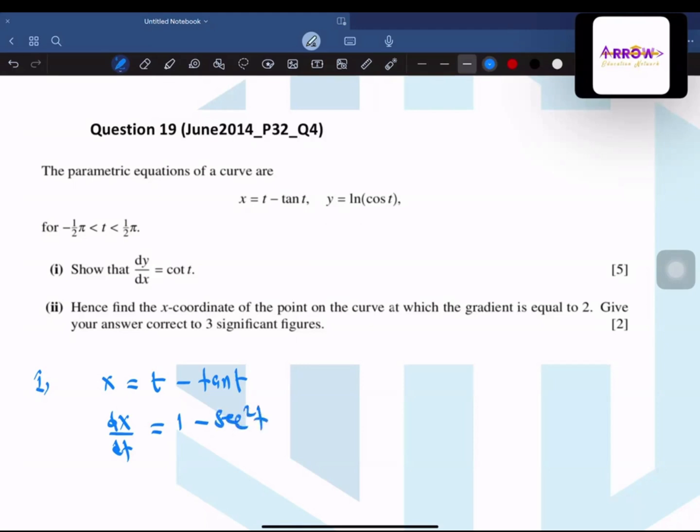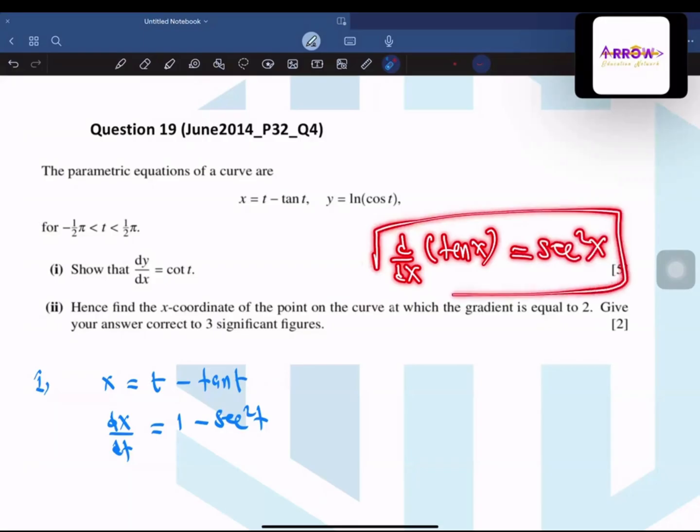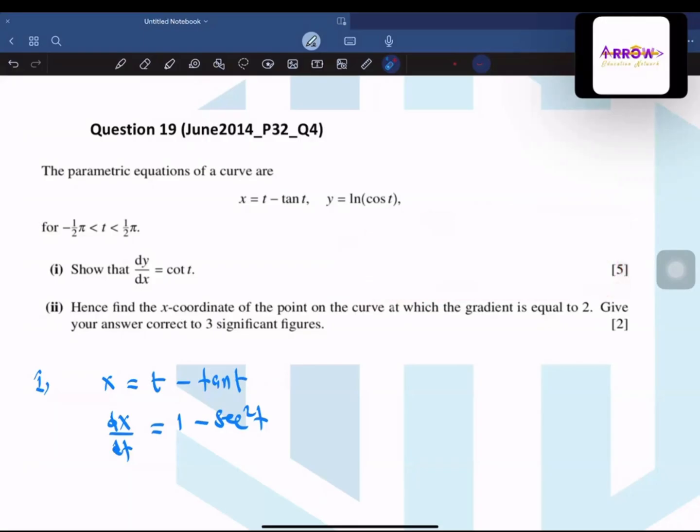So dx/dt is 1 − sec² t. As you know, when you differentiate tan x with respect to x, what you get is sec² x. This form is also given to you in the booklet. So dx/dt = 1 − sec² t.